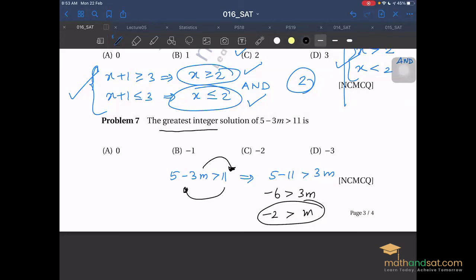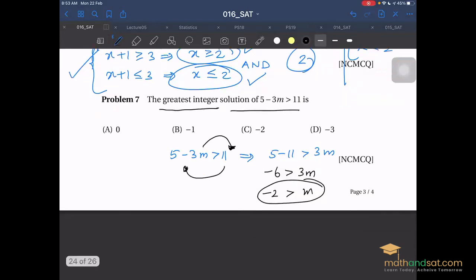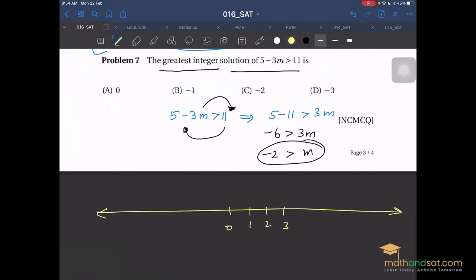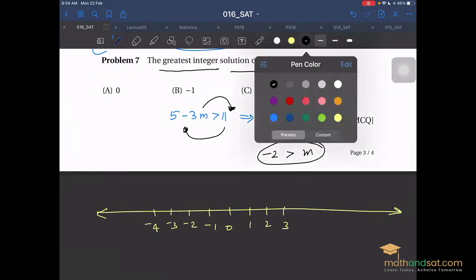We want the greatest integer solution of this inequality. So you represent the entire solution set on the number line: 0, 1, 2, 3, and minus 1, minus 2, minus 3, minus 4.